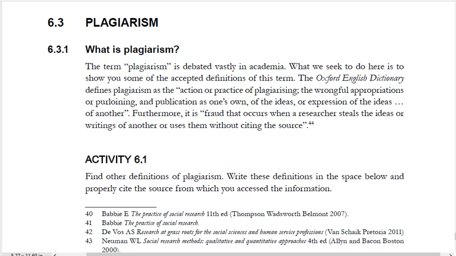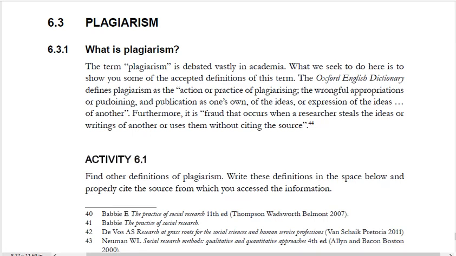The Oxford English Dictionary defines plagiarism as the action or practice of plagiarizing, the wrongful appropriation or purloining and publication as one's own of the ideas or expression of the ideas of another. Furthermore, it is fraud that occurs when a researcher steals the ideas or writings of another or uses them without citing the source.